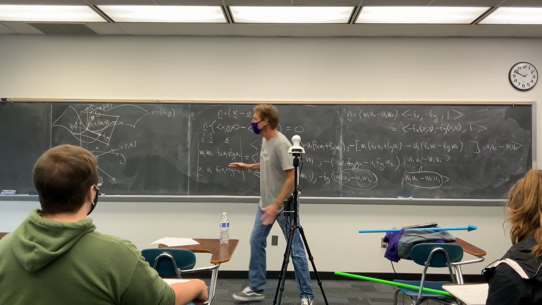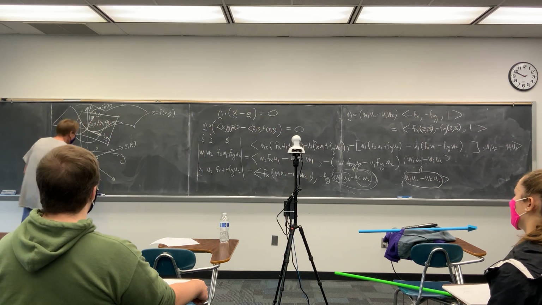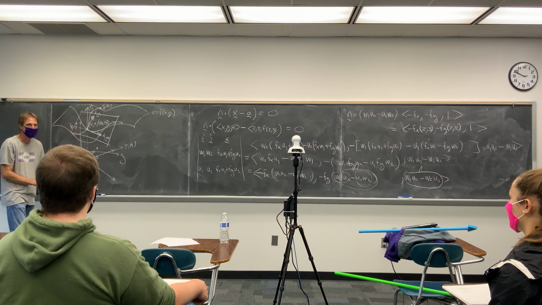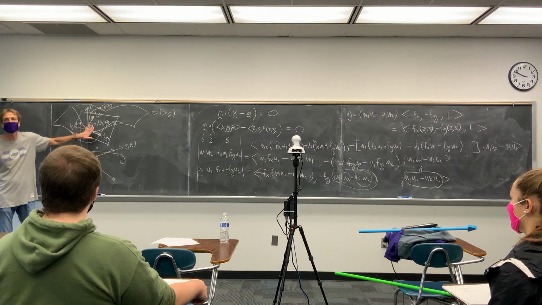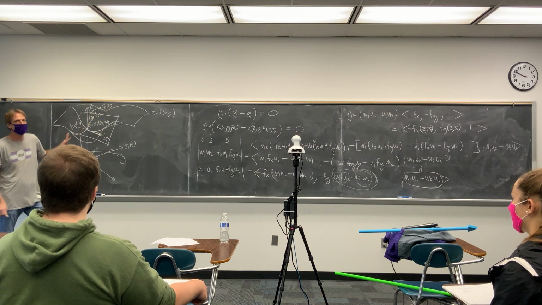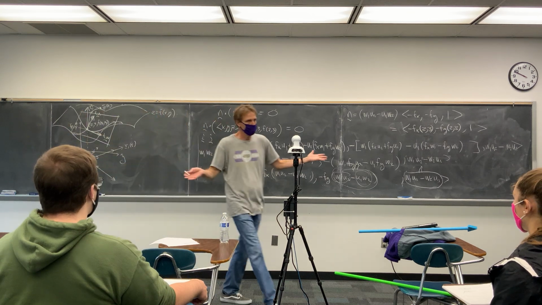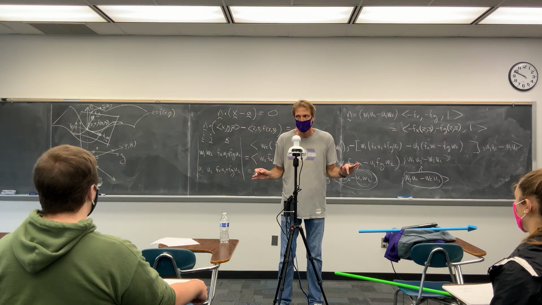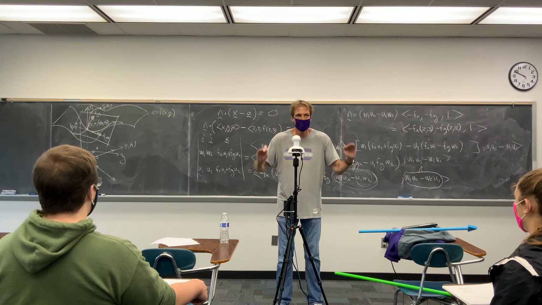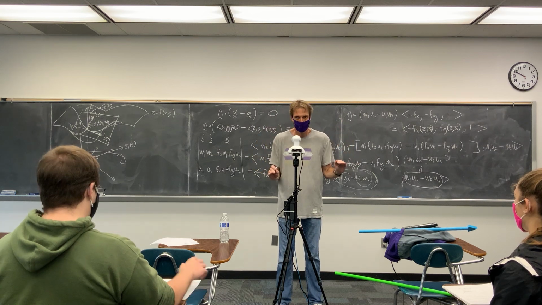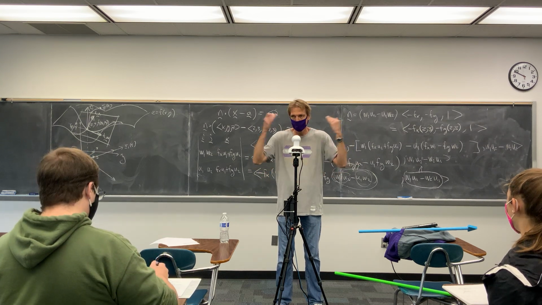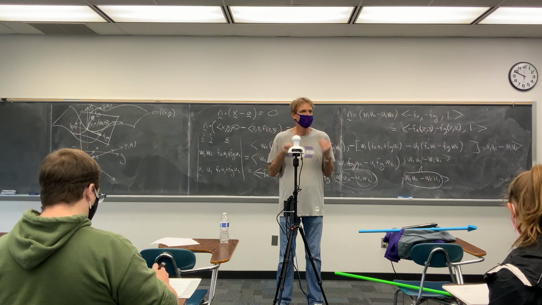If you move in any other direction, your tangent vector is going to lie in this plane. And guess what we call this plane? The tangent plane. Say that. The tangent plane.